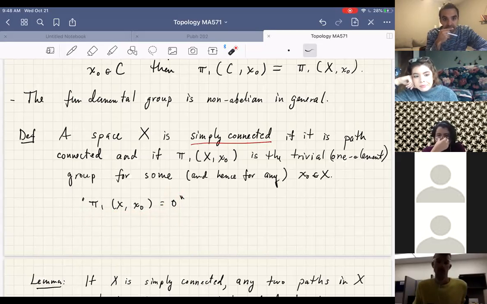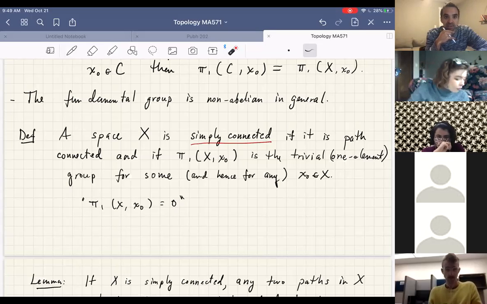You've probably seen this condition in Calc 2, multivariable calculus, or in complex analysis, right? So simply connectedness. If you haven't seen it before, that's fine.